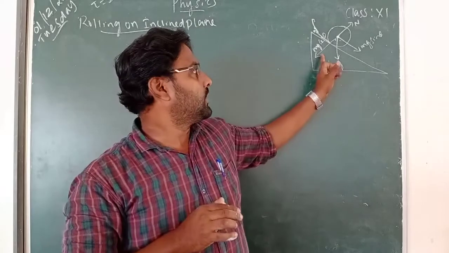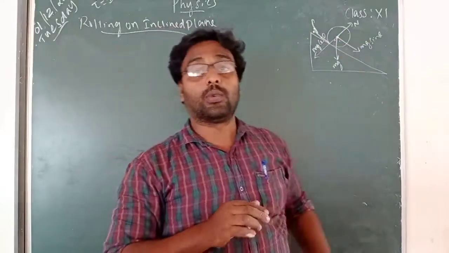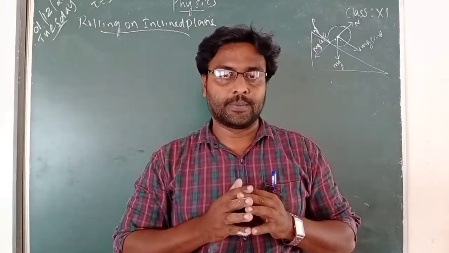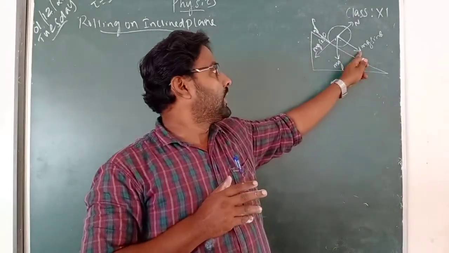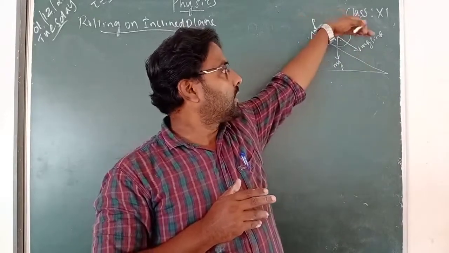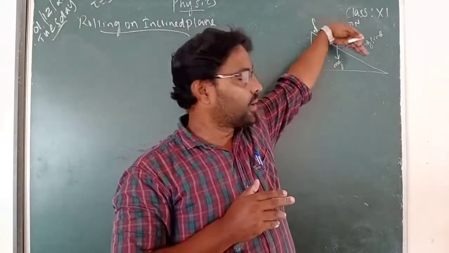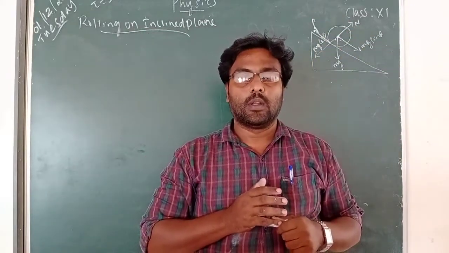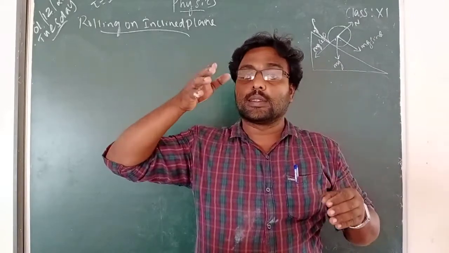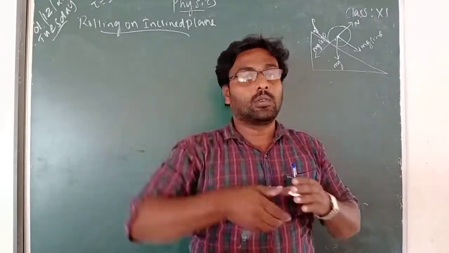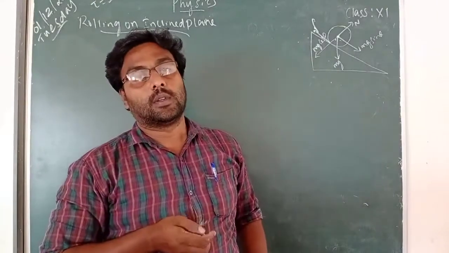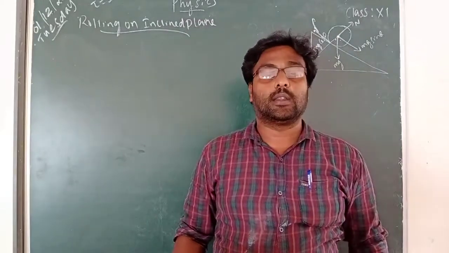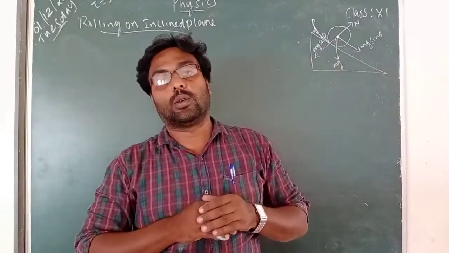Mg cos theta and the normal force act opposite to each other and cancel. Mg sin theta shows the translational motion, which means the object starts to slide. To avoid this sliding, there is a frictional force opposite to this, so the object can roll down easily.